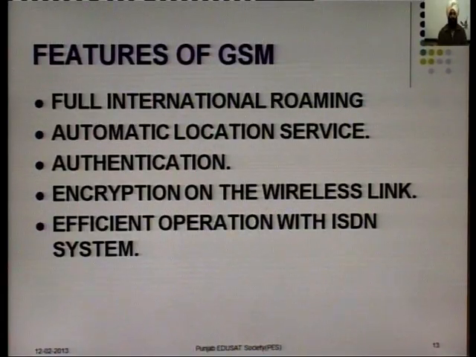The authentication is there in case of GSM. Then encryption on the wireless link is there. Encryption means it has high degree of privacy. The messages, the voice, they are highly encrypted or coded, so it cannot be leaked to any other frequency, any other user.